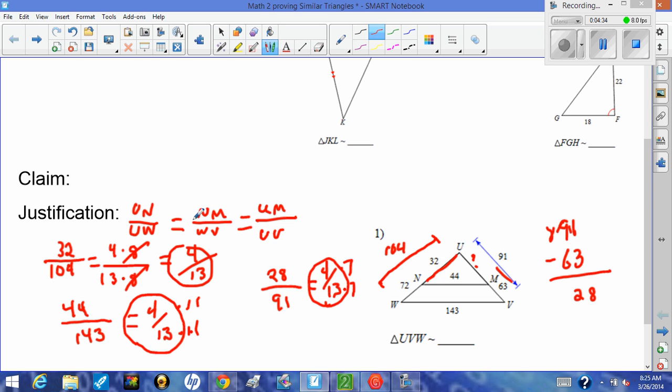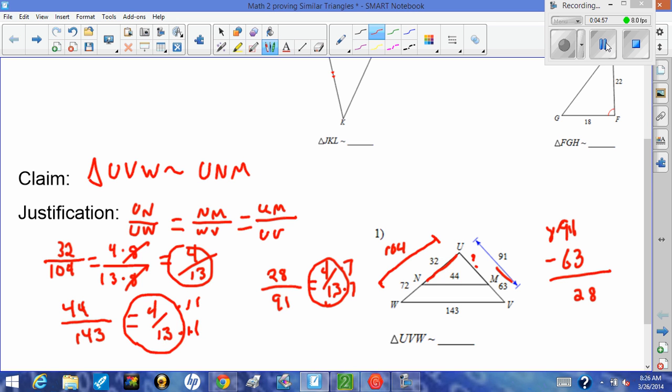So now we've shown that the ratio of all these sides are equal. We proved it down here. So now we can make the claim that triangle UVW is similar to triangle UNM.